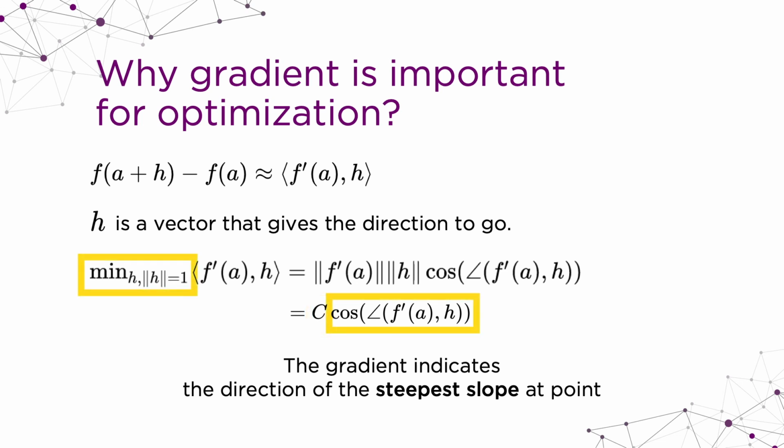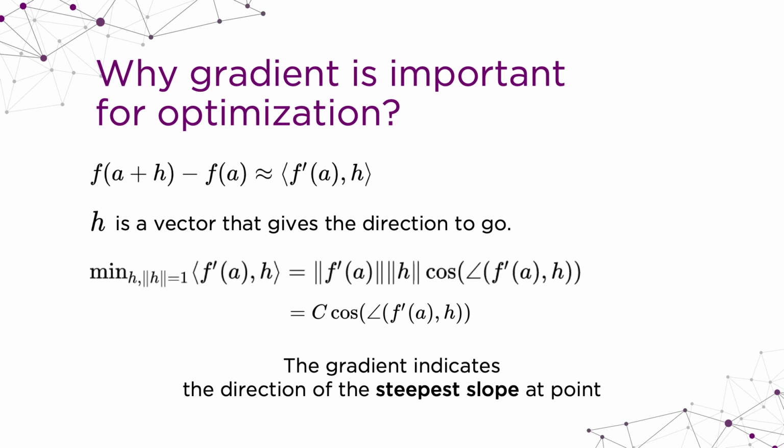And the cosine will be minimum if I go in the opposite direction of the first vector. So the first vector is the gradient. Here I have cosine of 0, which is equal to 1. And if I go in the opposite direction, I have the minimum value.